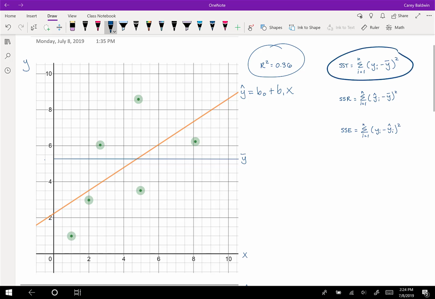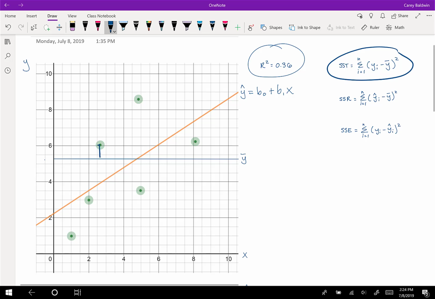We could represent this in our graphic by thinking about the differences between each observed y value. Each observed y value is the y value in the pair. In this case, the y value would be 6, for example, if I'm looking at this particular dot. Sum of squares total measures the overall difference between each observed y value and the mean y value.